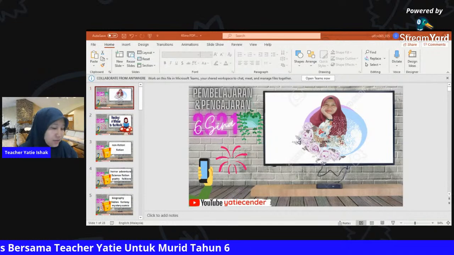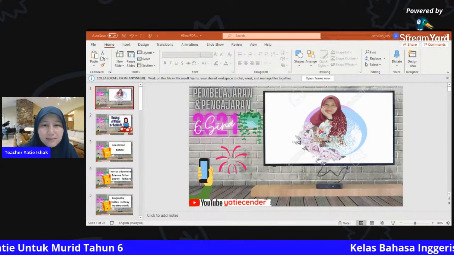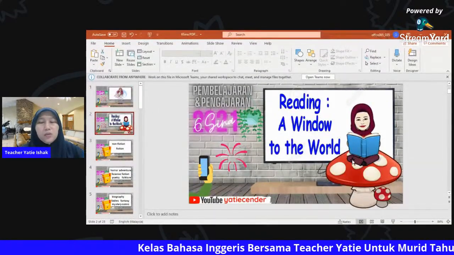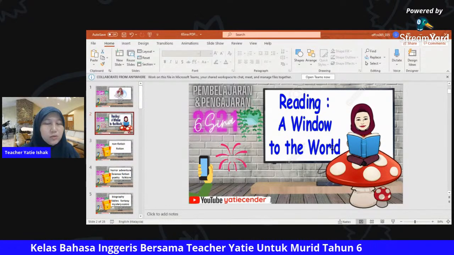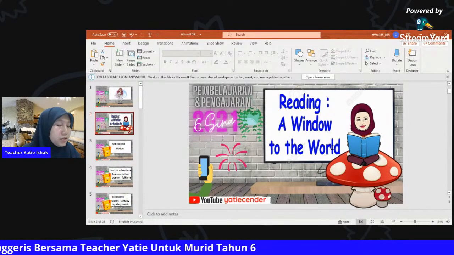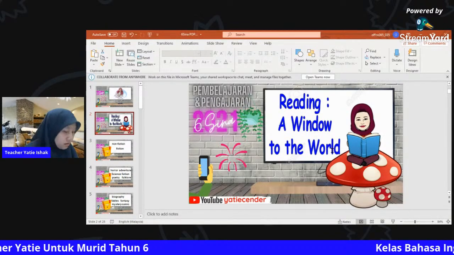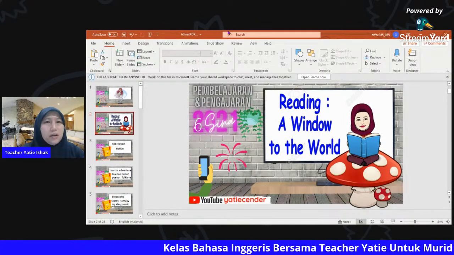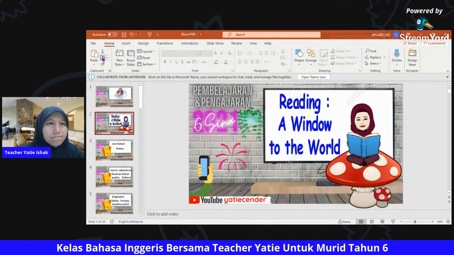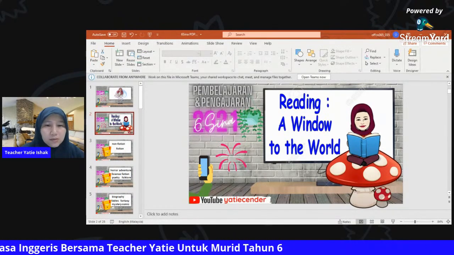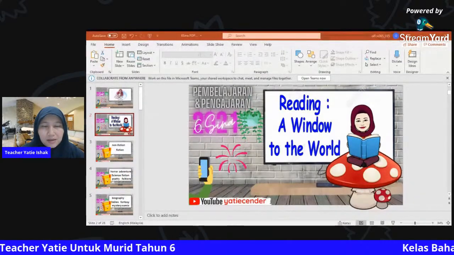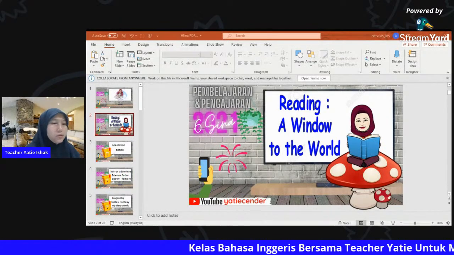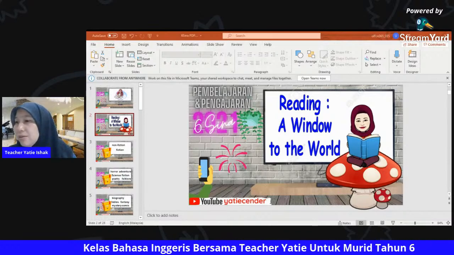Okay, so next is, we are in unit 1. If you can turn to your textbook, it is on page 1. Page 1, reading a window to the world.